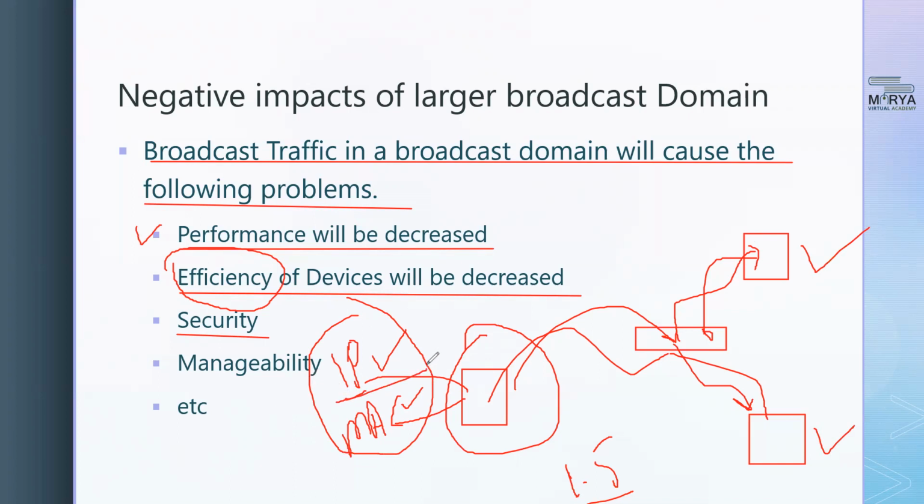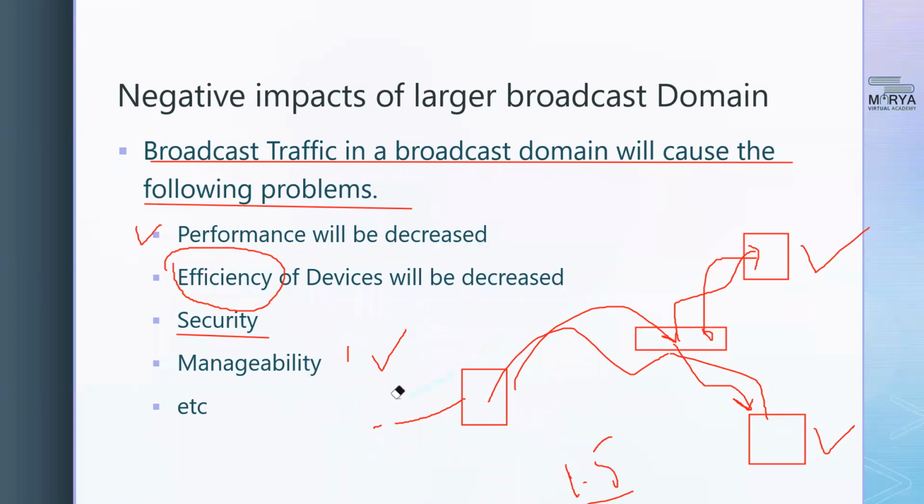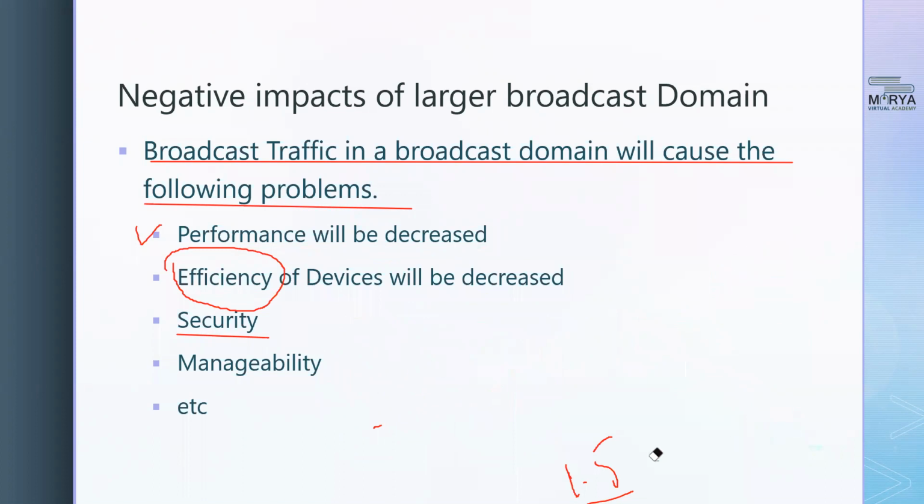There is a potential security risk, so a security problem will also arise, because the IP and MAC of the source computer will be exposed to all those computers who receive the broadcast.